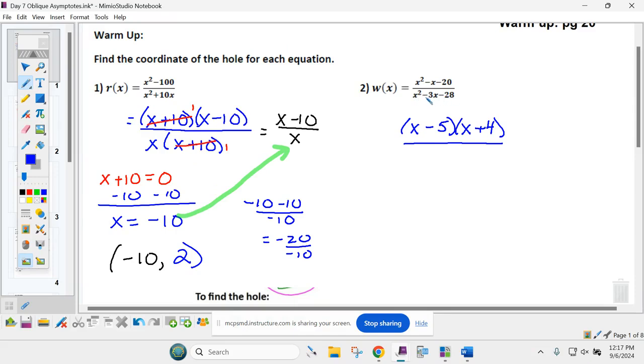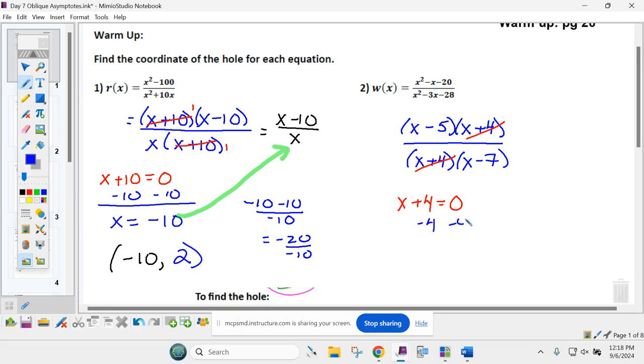So hopefully one of these factors is there. I'm thinking 28 doesn't have a multiple of 5, but 28 divides evenly by 4. So if I do x plus 4, x minus 7, 4 times negative 7 is negative 28, and 4 plus negative 7 is negative 3. That works.